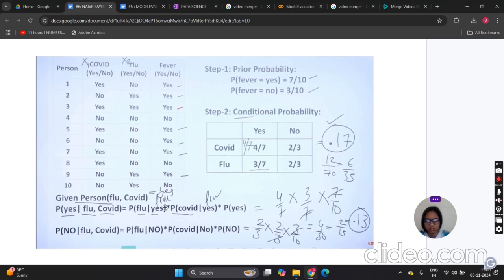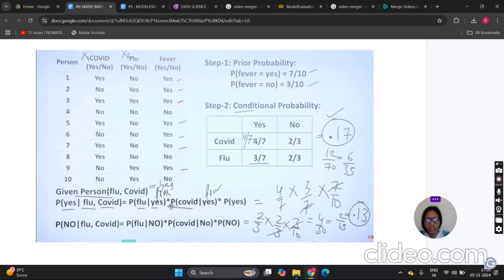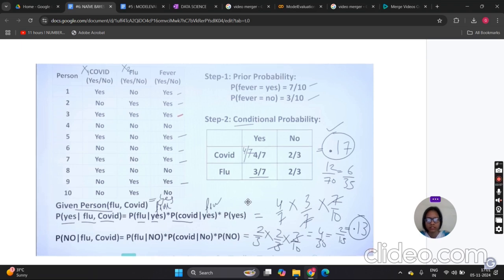So this is our equation for calculating this. So the probability of flu is 4 by 7, into the probability of COVID yes 3 by 7, and the probability of total yes for fever, 7 by 10. So this is the calculation.